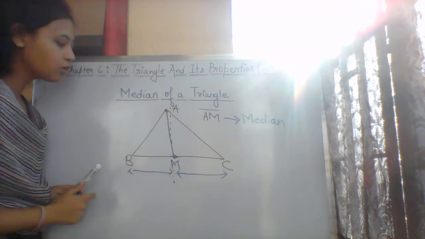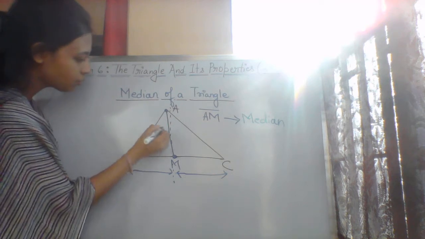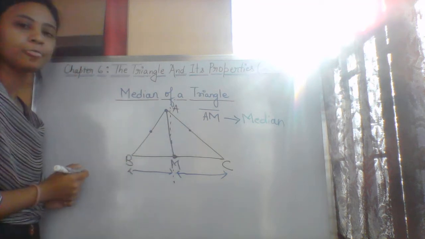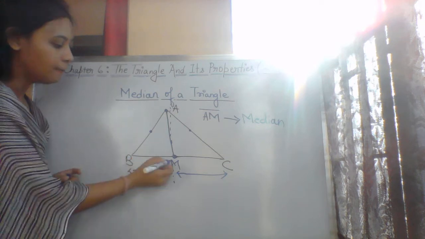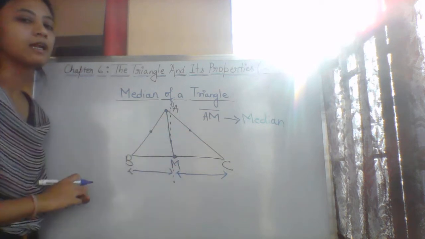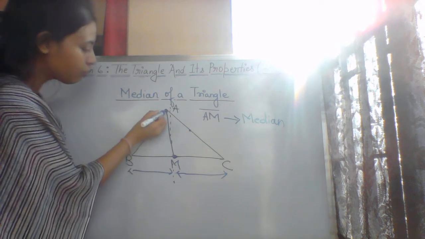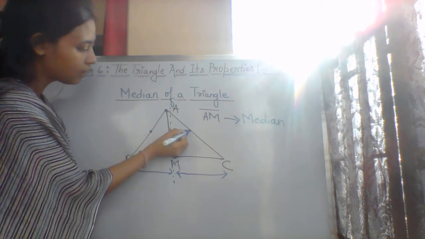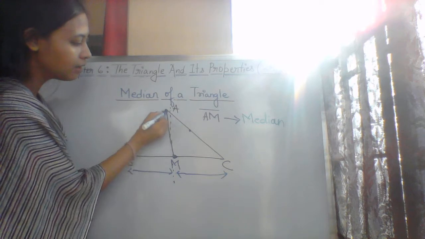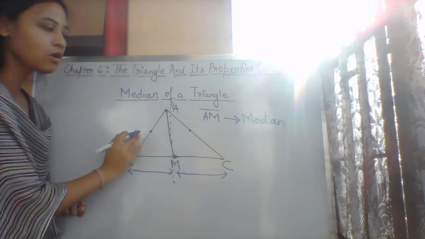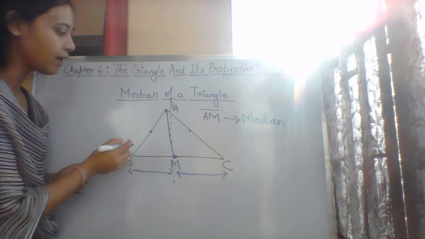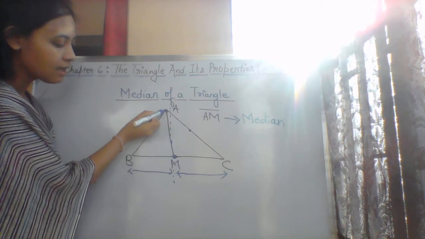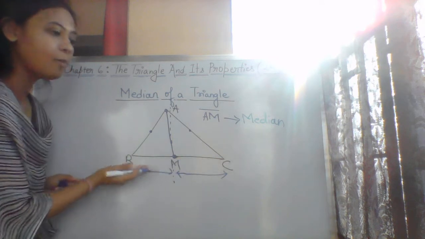Which midpoint? We have a midpoint here also, and here also. So to which midpoint? The midpoint of the opposite side. A line from the vertex to the midpoint of a non-opposite side will not be a median. A median is always obtained by joining a vertex and the midpoint of the opposite side.